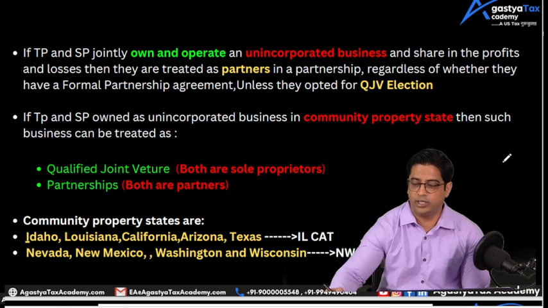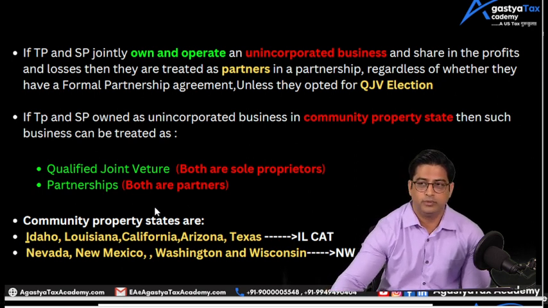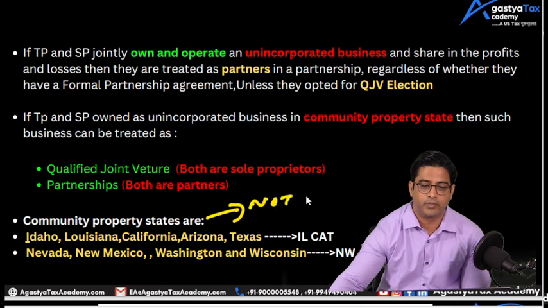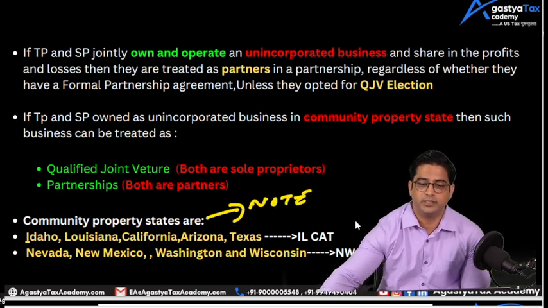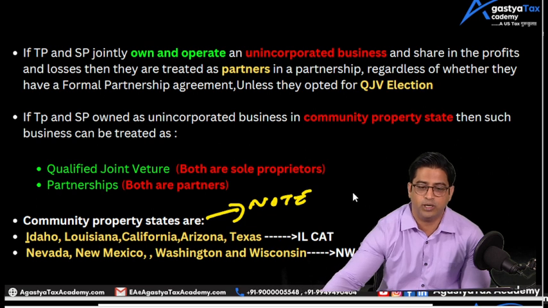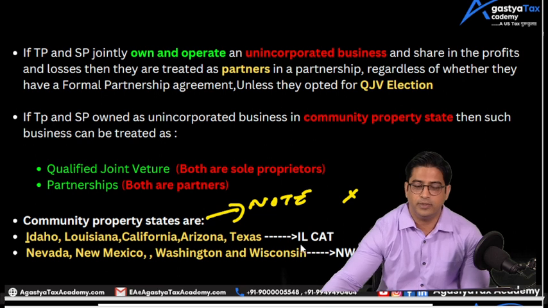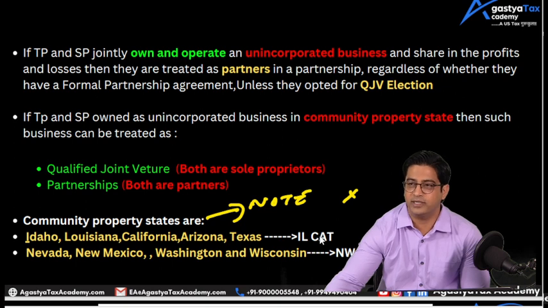Write a small note. In the note you can just note down what the community property states are. So please write a small acronym here. Let's suppose you like dogs and you don't like cats.